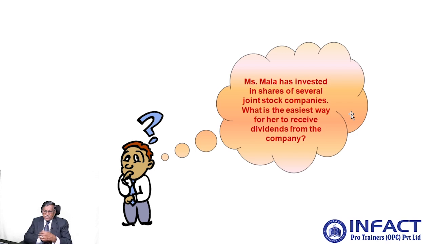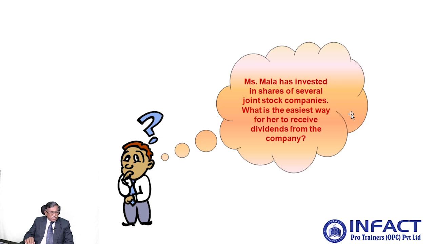But here the question is, what could be the easiest way for Mala to receive the money? Either a physical dividend comes to her house by post or by courier, and then she goes to the bank to deposit the dividend, and the bank sends the dividend to the company's banker. In turn, the company's banker debits the company's account and sends the money to Mala's bank.